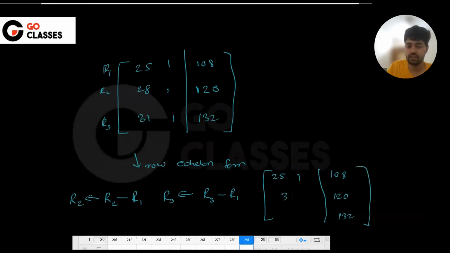So it will be 3, 0, and it will be 12. And then here it will be 6, 0, and then 24, right? So this is the equation, and then you again try to zero this one out.